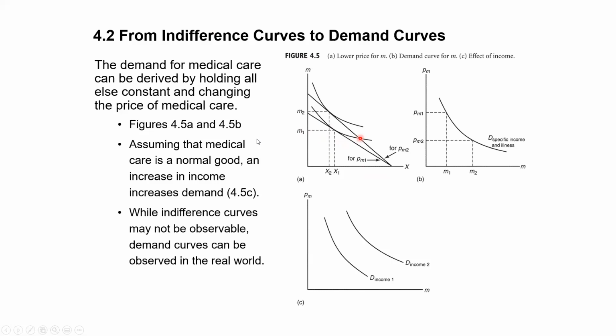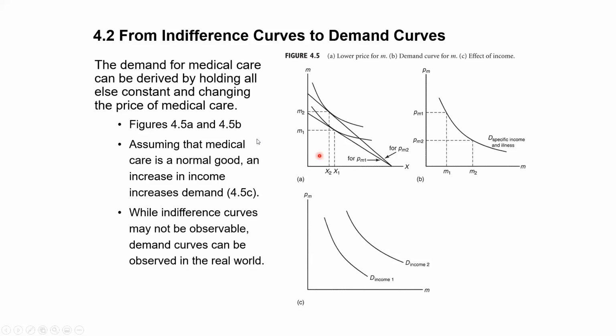So this is the standard technique that is used in health economics. For a given level of illness where you have stable indifference curves, you look at the demand curve as a reflection, or as a proxy, for your utility curve or your indifference curve.